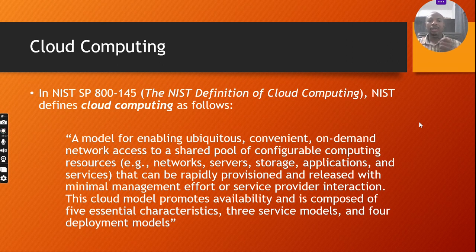It is a model for enabling ubiquitous, convenient, on-demand network access to a shared pool of configurable computing resources, such as your network, your servers, your storage, your applications, and your services. All of them working together hand in hand. This is called computing. Is that okay? That can be rapidly provisioned and released with minimal management effort.